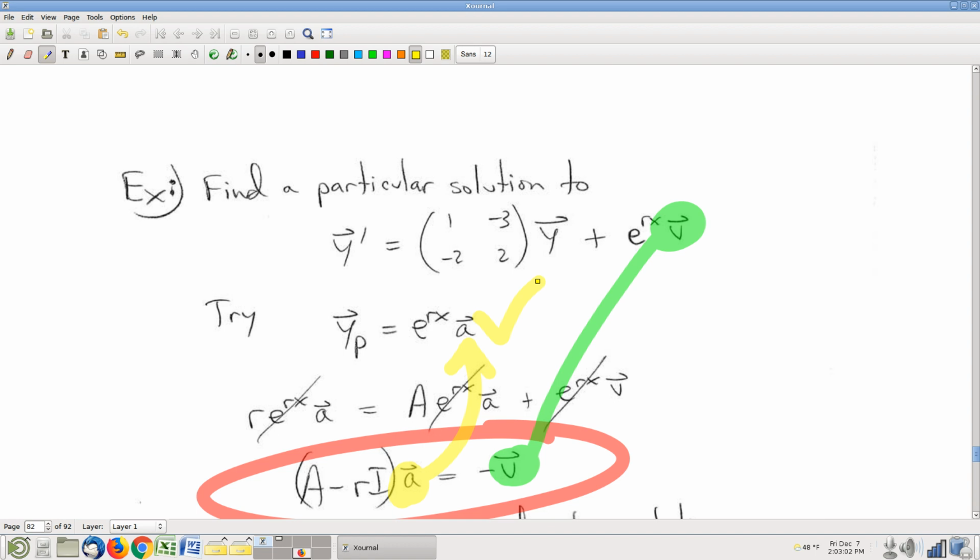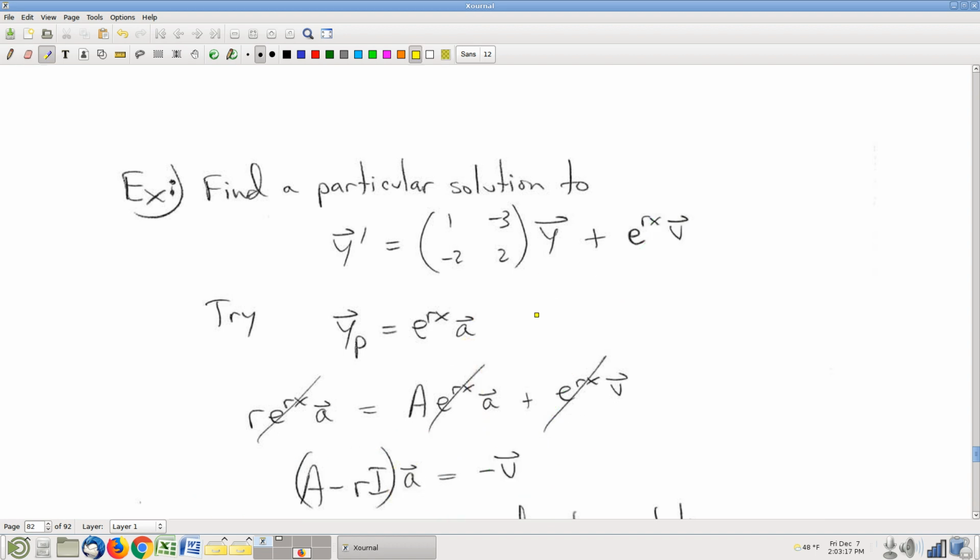Said differently, what if R is an eigenvalue of the A matrix? Well, then you have strong potential that there won't be any solution to this. And somebody was asking earlier what can go wrong, and this is an example of the kind of thing that can go wrong. We guessed wrong. So this form doesn't work.